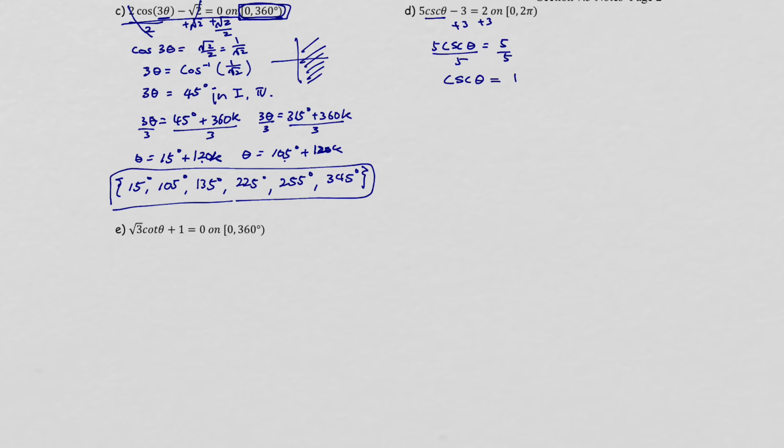When you do the flipping, so trying to change the given trig into sine, cosine, tangent, we know this is the inverse of sine, so this is going to be the same as having 1 over sine theta equals 1, because 1 over 1 flipped is still 1, right?